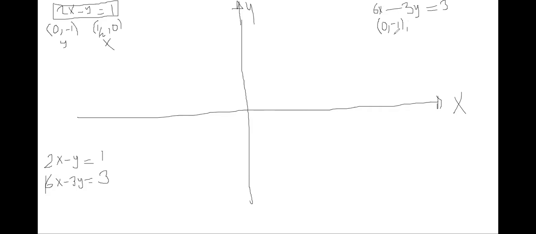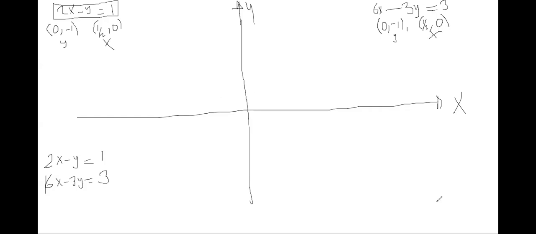So this is the y-intercept. For the x-intercept, we are saying that if y equals 0, what will x be? You substitute: remove y and put 0 there, and this expression will go off. So you solve for x, and you will have nothing but half. So this will be the x-intercept.